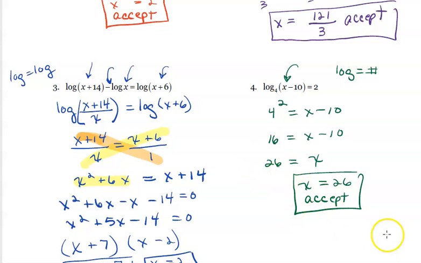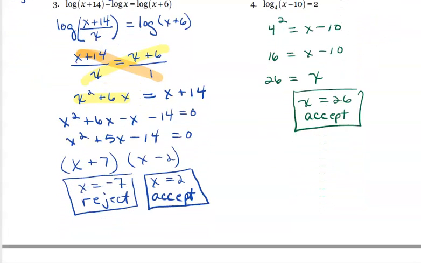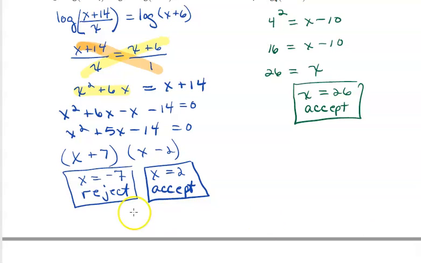So doing our cross products reveals I have another quadratic to work with. When I combine all my terms, just look at all these steps. Here's my factors. Since we're factoring once more, if you are not a good factorer, you want to work on that because that's going to help you to be successful in this section.